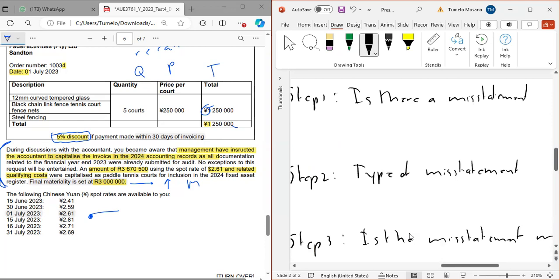So the first question we are going to ask ourselves, is there a misstatement? So basically we want to check if there's an error that is not adjusted.